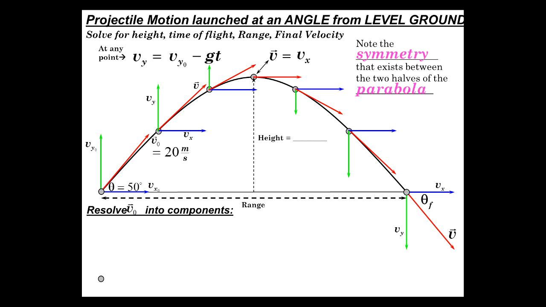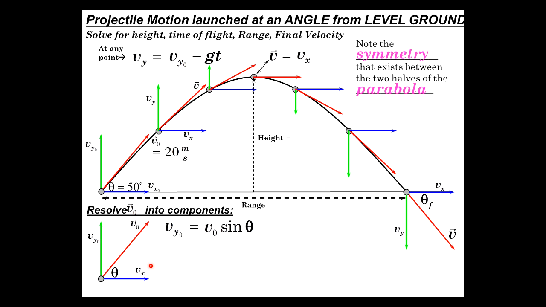So let's now resolve V0 into components, which we show at the beginning here. And let's quantify it. So here's V0 at an angle theta. We have Vx, and we have Vy0, where Vy0 is V0 sine theta. And if you're confused on that, take the sine of theta here. It's opposite. Oh, that's Vy0.